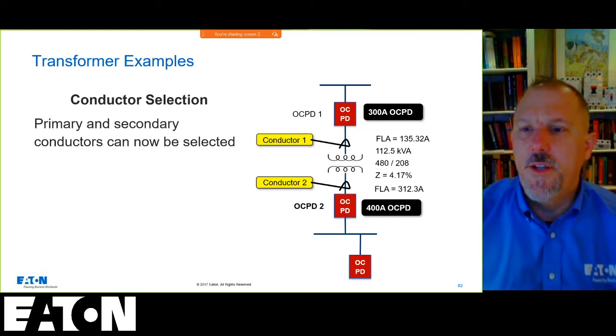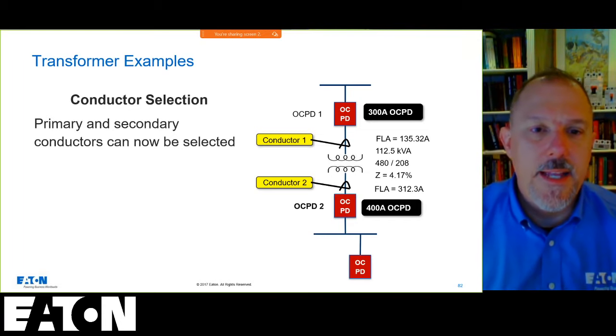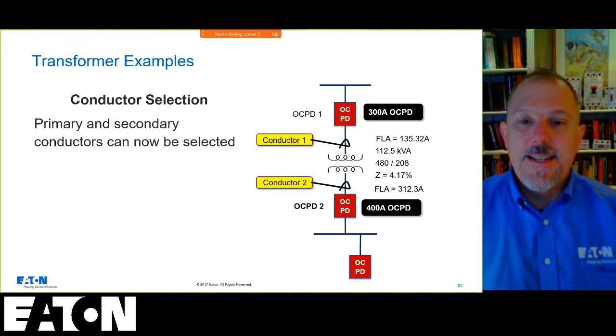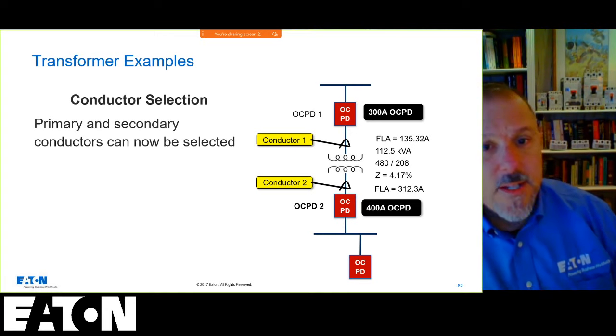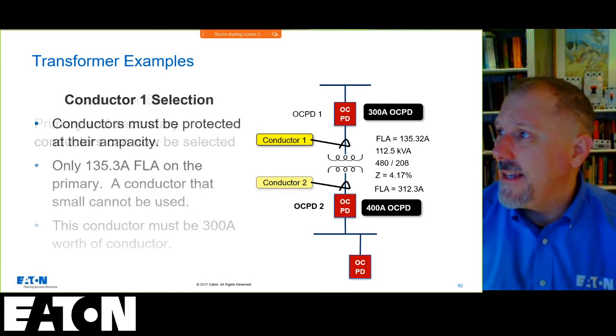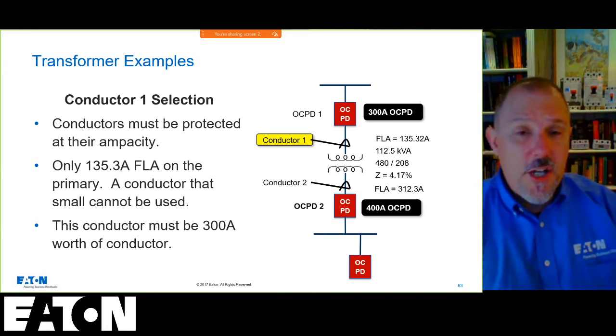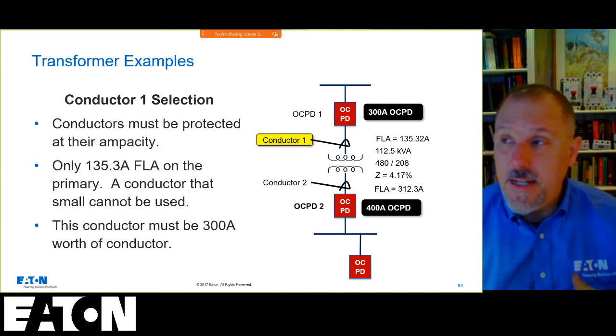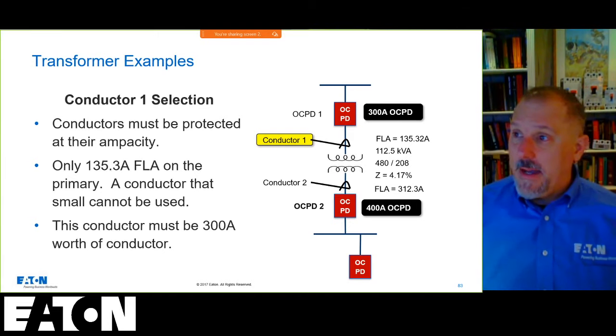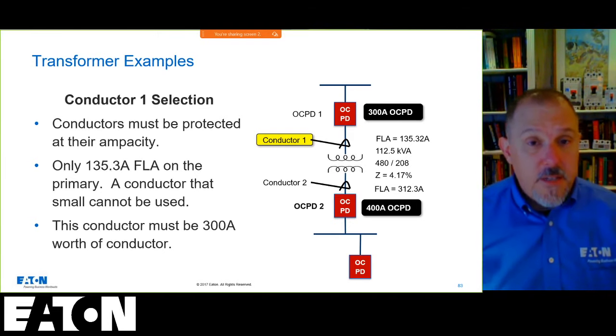Okay, so those are my YouTubers. So let's go back and take a look at the conductors, because now it's time to pick our conductors, and that's relatively simple, in my opinion. We know Article 240 tells us that we need to protect the conductors at their ampacity. We picked the overcurrent protective devices.